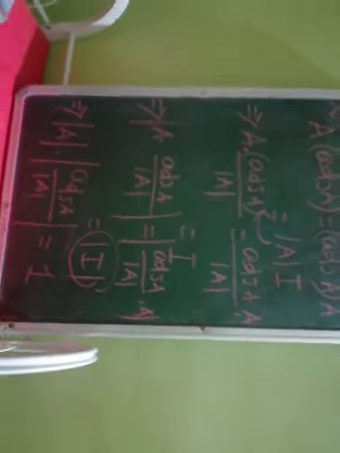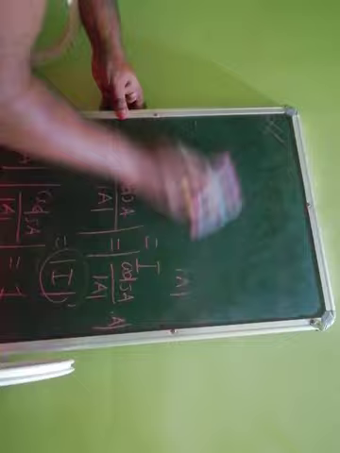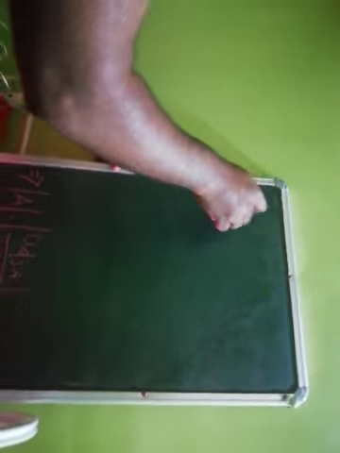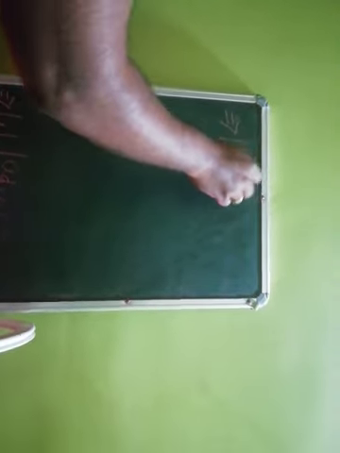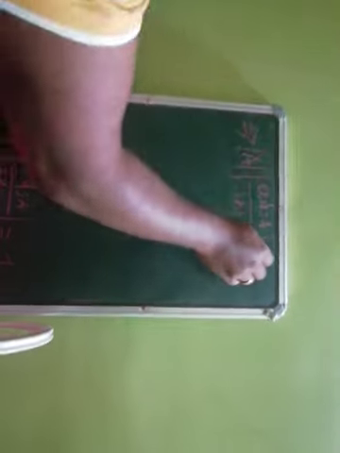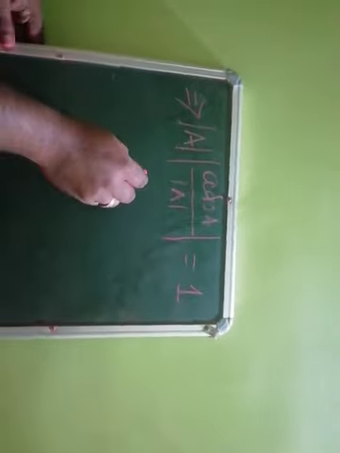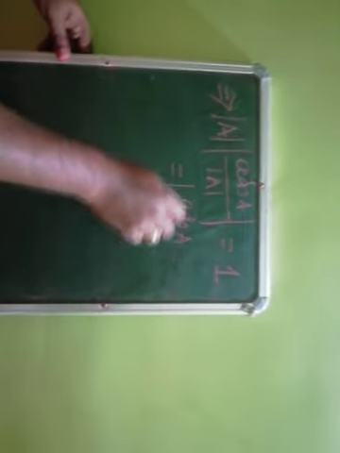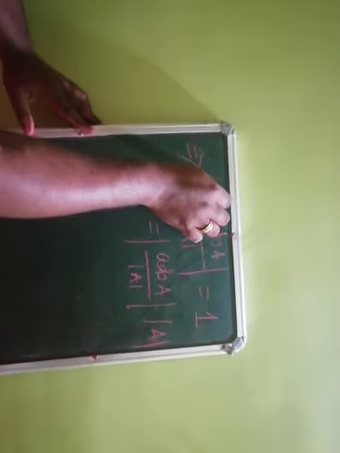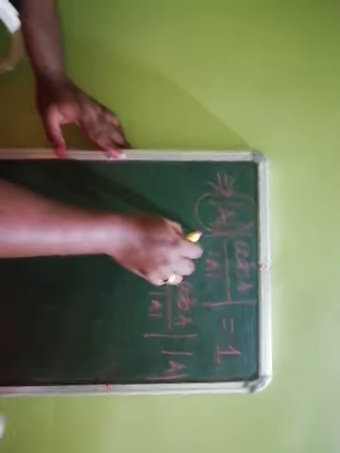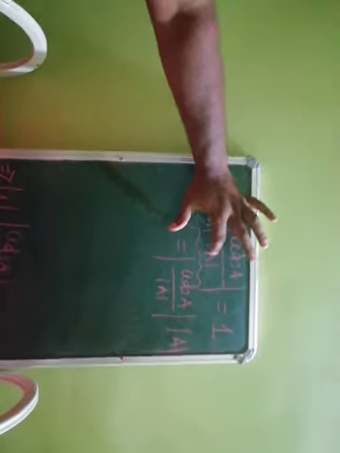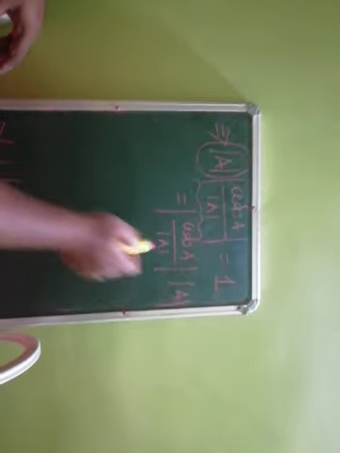So if A is any matrix, adjoint of A divided by determinant of A is also a matrix. And from here we can conclude that the determinant of A into adjoint of A by determinant of A is 1, or this can also be written as determinant of adjoint of A by determinant of A into determinant of A. Now if determinant of A is not 0 and this is another matrix, obviously if you are dividing the adjoint of a matrix by the determinant of the matrix, you are getting another matrix and their product is 1.